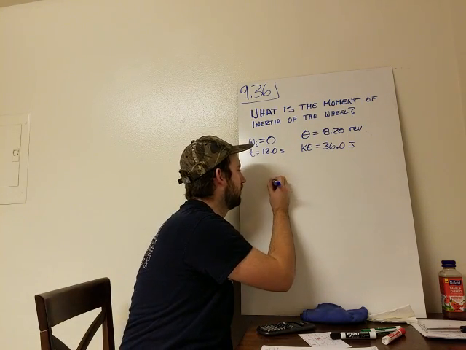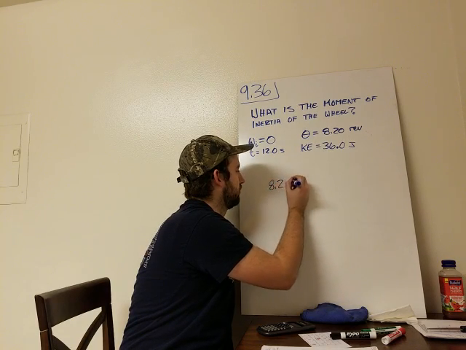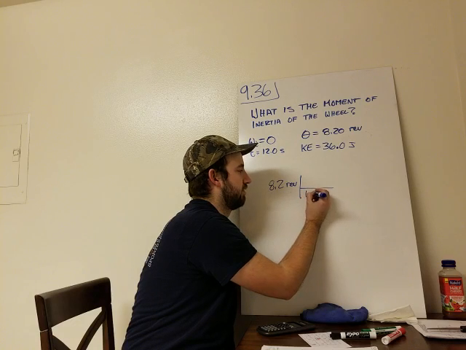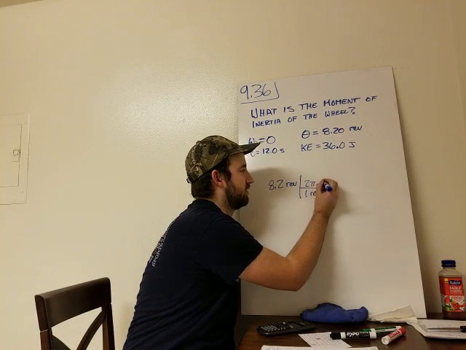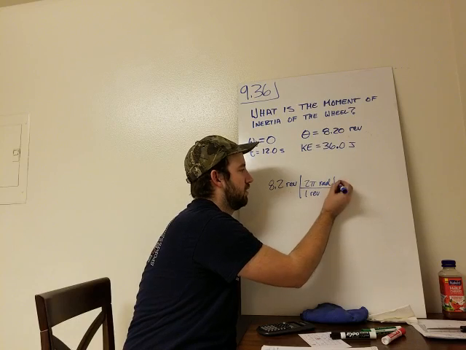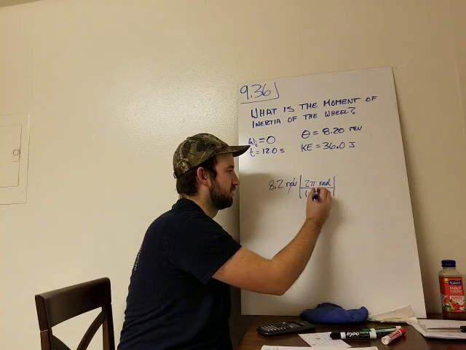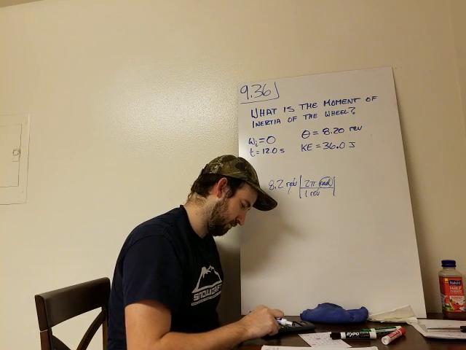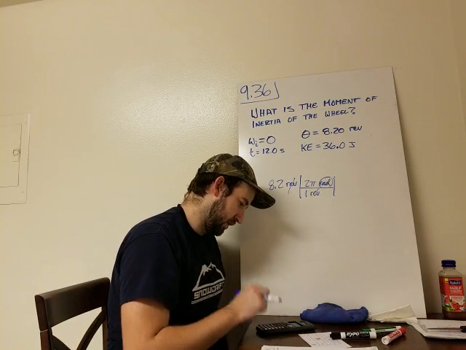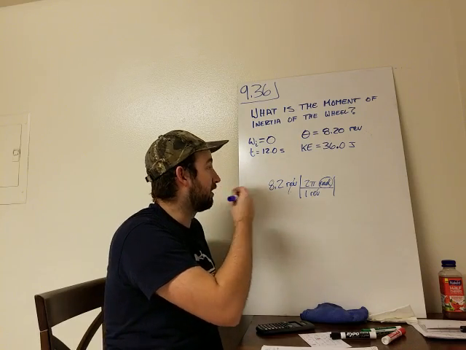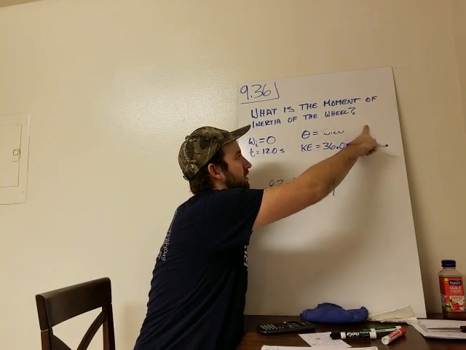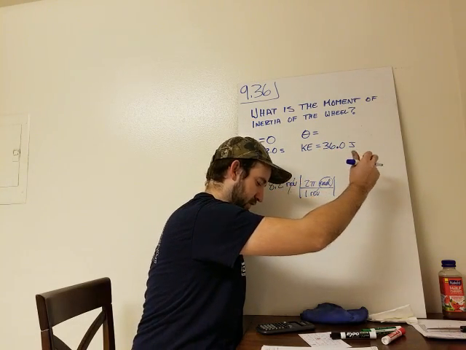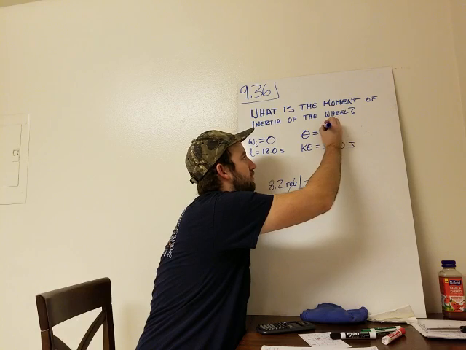We know that 8.2 revolutions, and 1 revolution is equal to 2 pi radians. Revolutions cancel, we end up with radians. So our angular displacement in radians is actually going to be 51.52 radians.